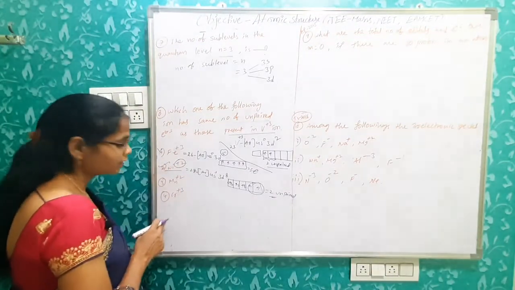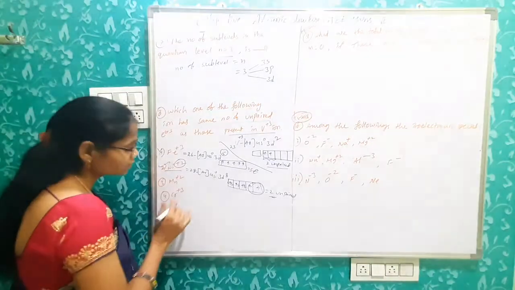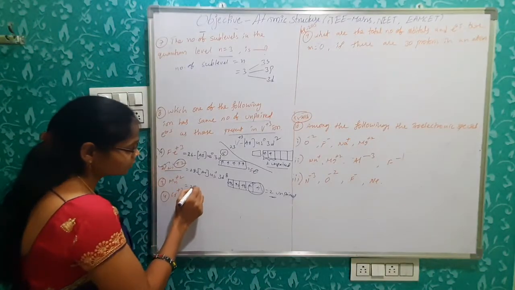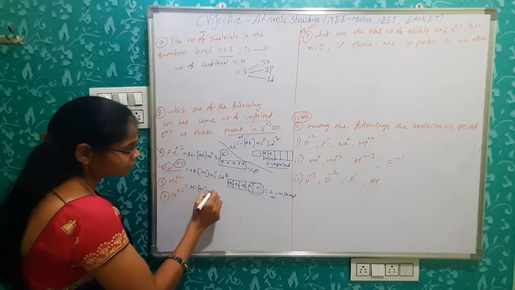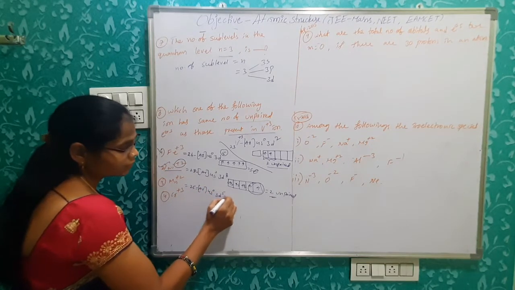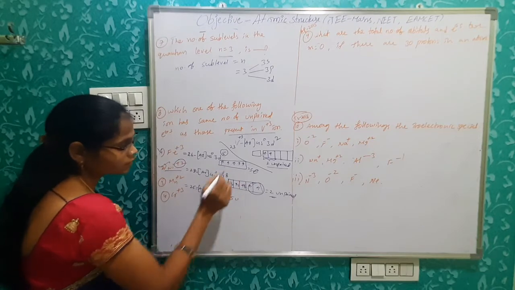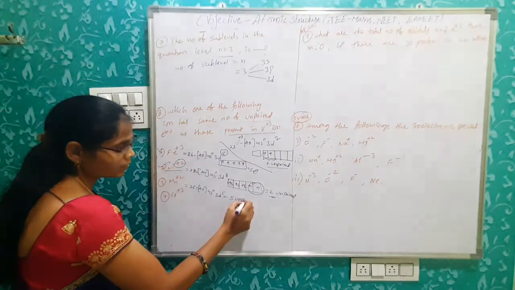Suppose you want to find out the unpaired electrons for this one also: write the electronic configuration, atomic number 25, by loss of 2 electrons it is 4s0 3d5. So it has 5 unpaired electrons.